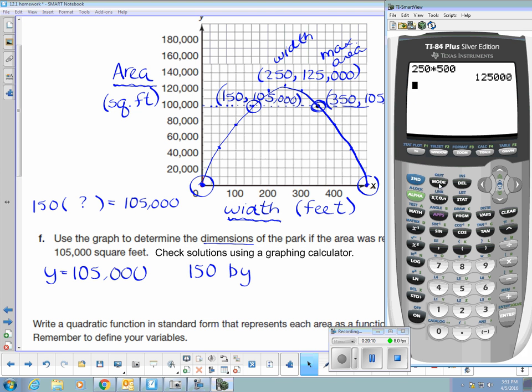To find that value, I'm going to divide 105,000 divided by 150, which gives me 700. So my dimensions are 150 by 700.